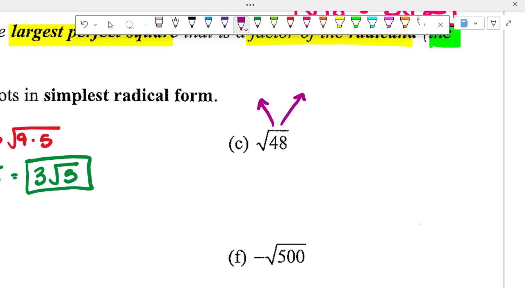So, first off, what 2 numbers in your perfect square list will go evenly into 48?